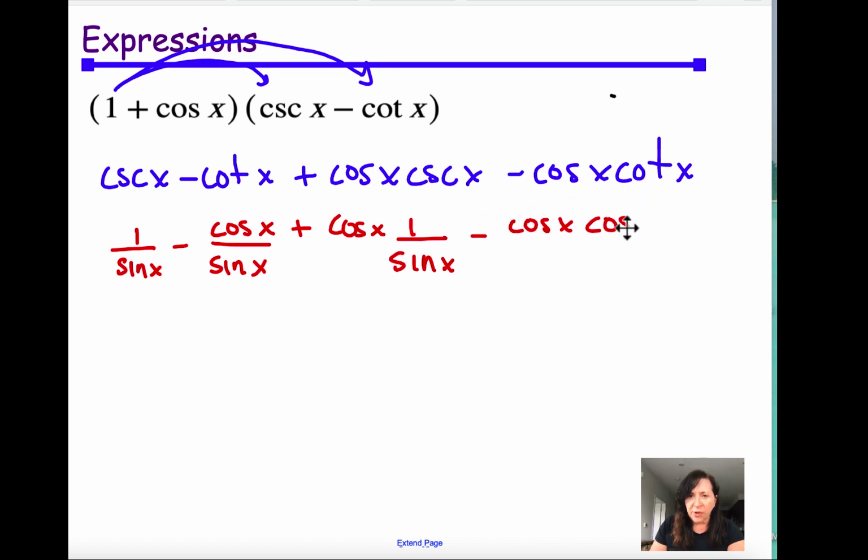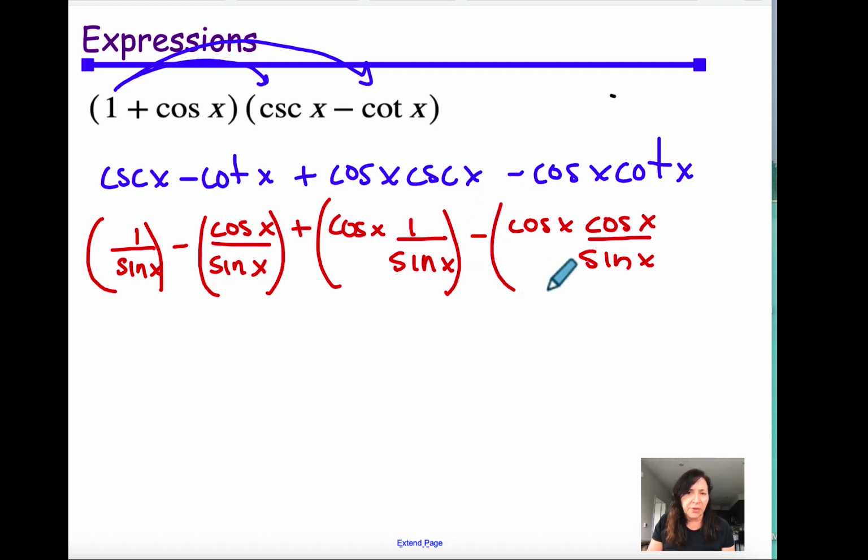Cotangent is cosine of x over sine of x. Well, I'm loving this because all of my terms have sine of x as a denominator, which I love because now, even though I've got, let's see, 1 term, 2 terms, 3 terms, 4 terms, every one of those terms has sine as the denominator.